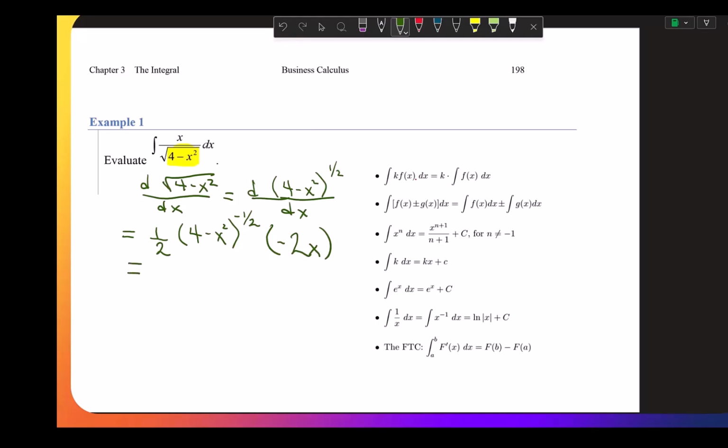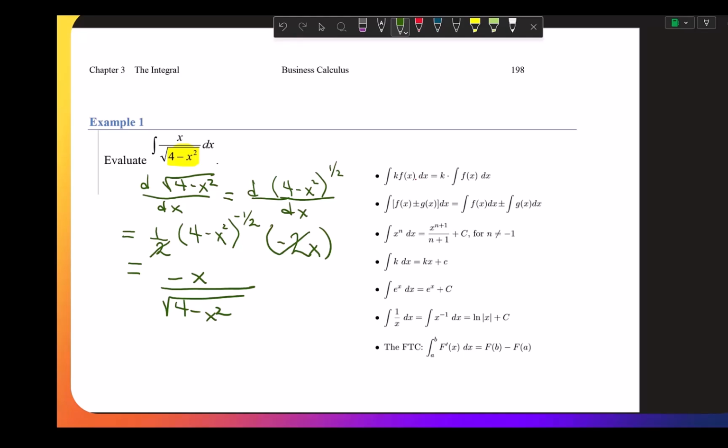Well, let's simplify this. This 2 cancels with this 2. I end up with negative x divided by the square root of 4 minus x squared. Well, that's really similar to what I have, isn't it?